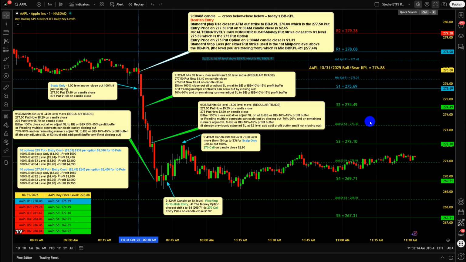One is that the midpoints are used in gauging the initial 1.5 level move from the level that you're trading, at which time that triggers the various options for exiting or adjusting, as we'll go over in a second. And then they also become additional waypoints once it's exceeded that, for continuing adjustments or exit decisions after that minimum threshold has been met.